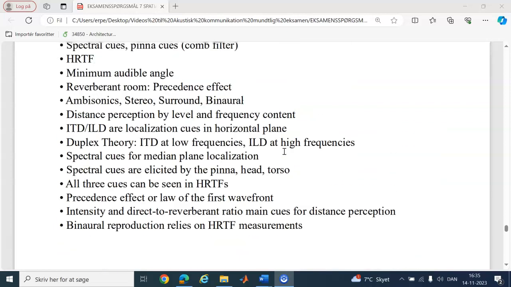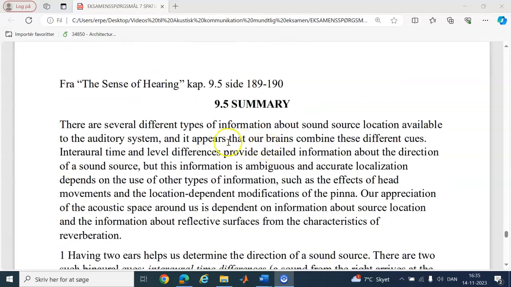Summary. There are several different types of information about sound source location available to the auditory system, and it appears that our brain combines these different cues.